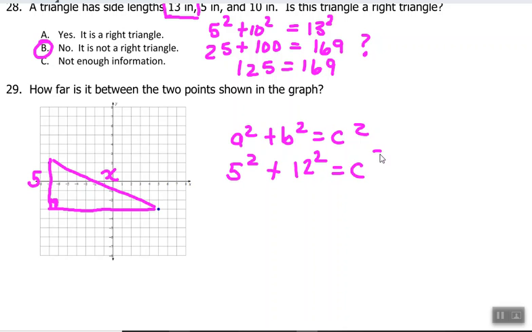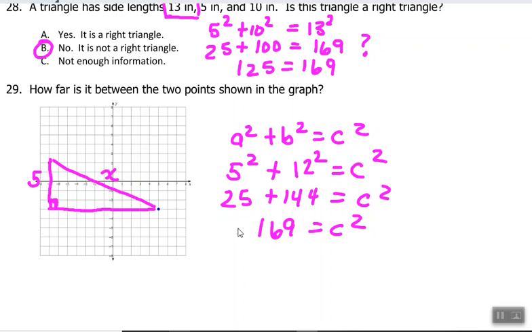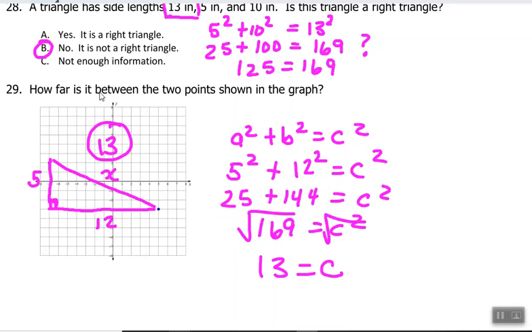That all equals c squared. So I have 25 plus 144 equals c squared. 169 equals c squared. And I can take the square root of each side there, and I know 13 equals c, or our missing side. So this must be a 5, 12, 13 triangle. 13 is the distance between those 2 points.